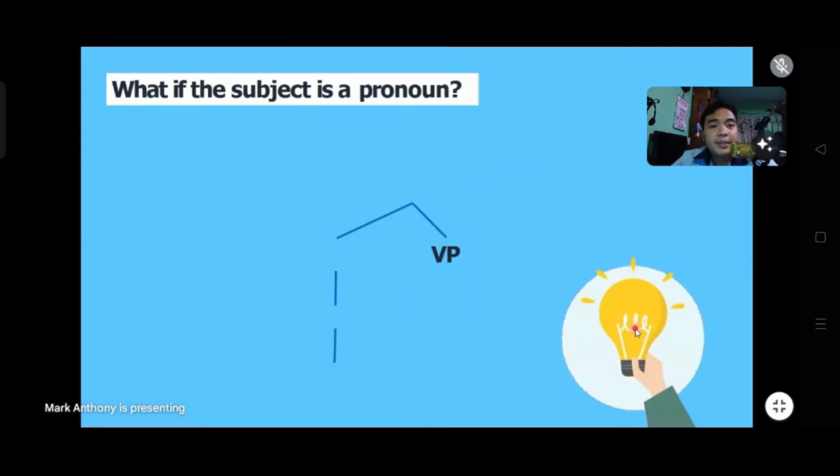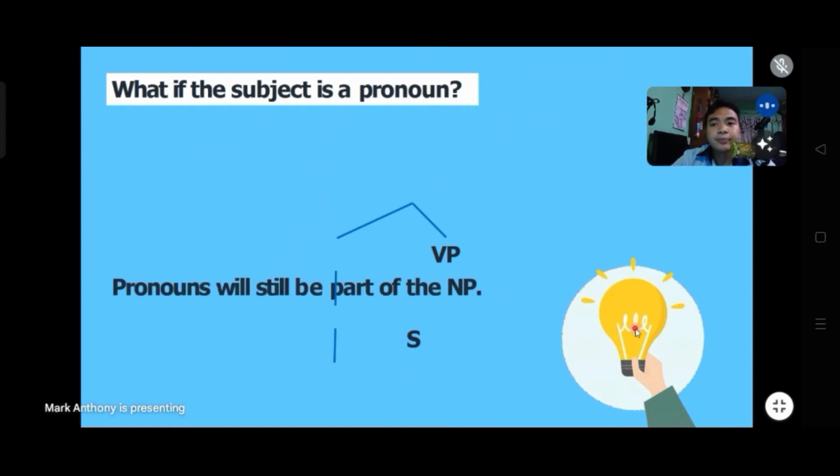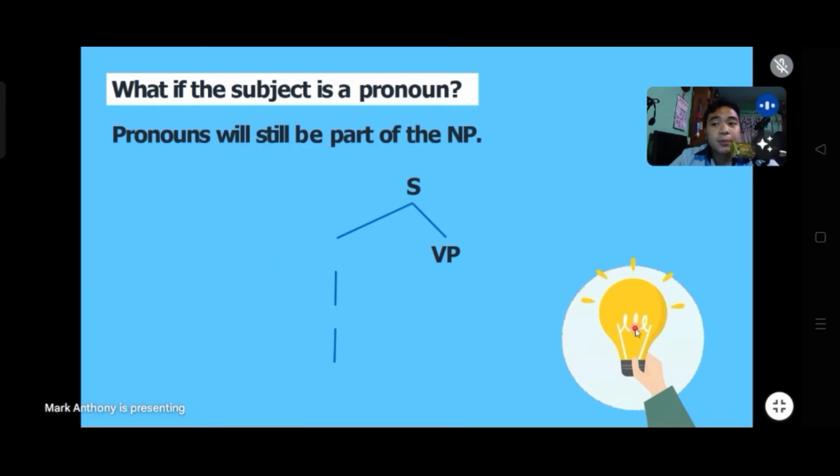But sir, what if in the noun phrase the subject is a pronoun? Well, if that's the case, all we have to remember is pronouns will still be a part of the noun phrase. So for example, we'll be using the pronoun "they."